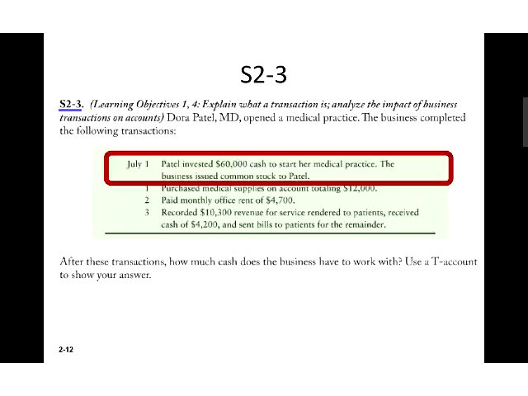So the first transaction, July 1st, she invested $60,000 to start her medical practice and the business issued stock. So the question is, is cash impacted? And yes, it is impacted, right? So does cash increase or decrease with this?